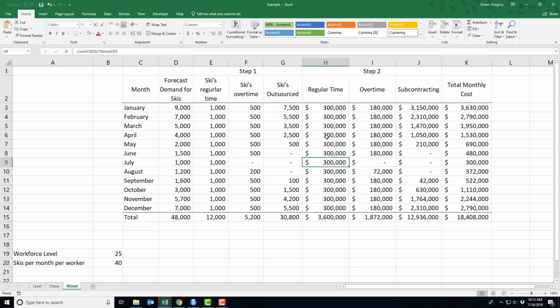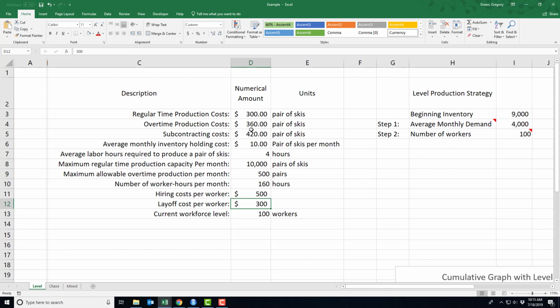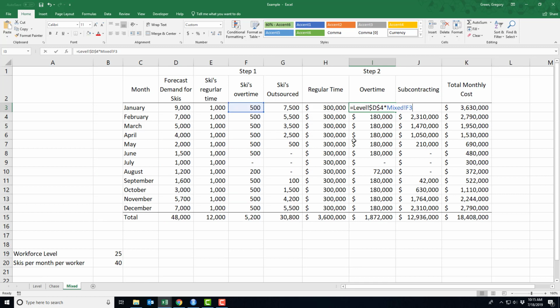I am paying my workers $300,000 a month. And then I'm paying them for overtime. Back on this page, I have to pay $360 per pair of skis for overtime. So there's my 360, that's the D4, the absolute reference, times the 500 pairs that I've got to produce using overtime. I work my way down this column and I can calculate the amount I'm going to have to pay out for overtime.